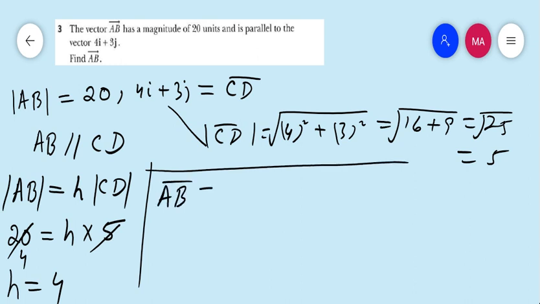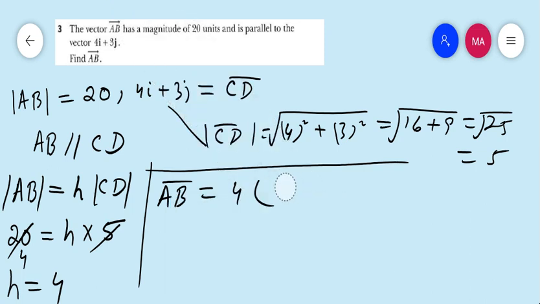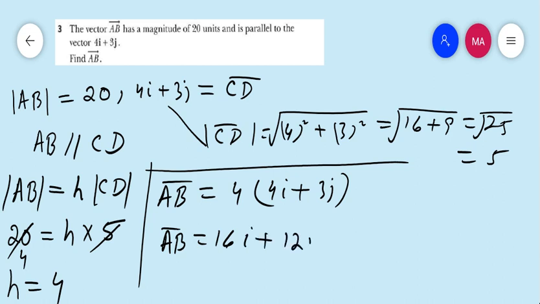AB is h, we have found 4, multiplied by the CD vector, which is given as 4i plus 3j. Therefore AB is equal to 4 fours are 16i, 4 threes are 12j. This is our final answer of question number 3. Hope you understand. Move to question number 4.